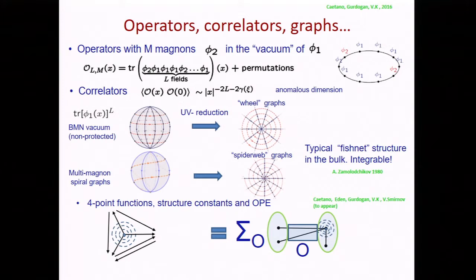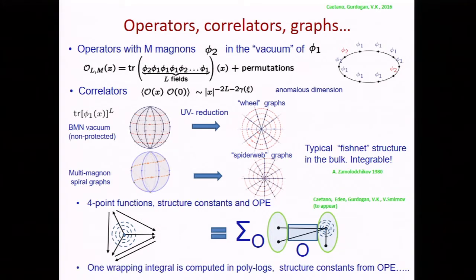I don't think it's possible in the full N=4 Yang-Mills, but in this theory it might be possible, and we might learn something interesting about the 4-dimensional conformal world. For example, for one wrapping, we computed, using Volodya Smirnov's ingenious methods, this object in terms of polylogs, and already there are very interesting structure constants coming out from it.